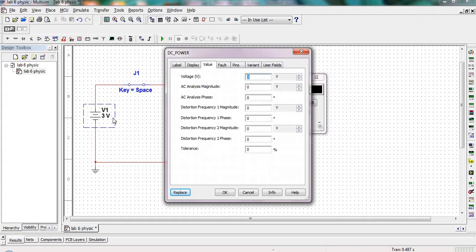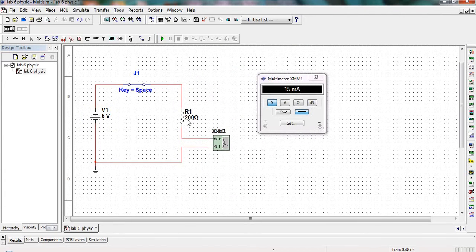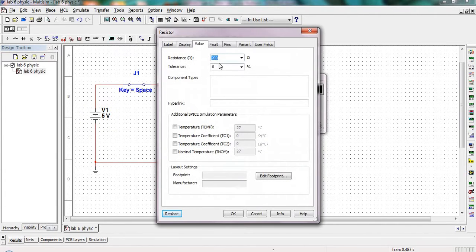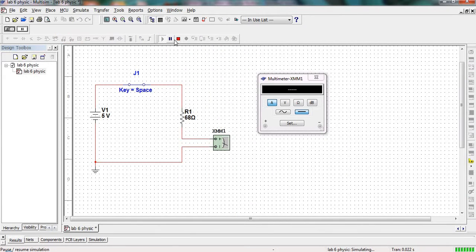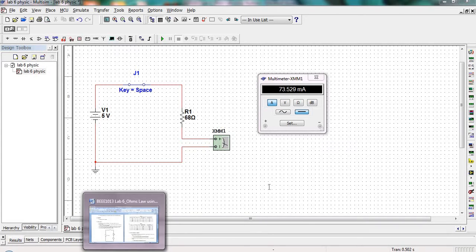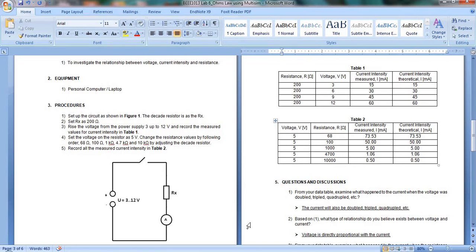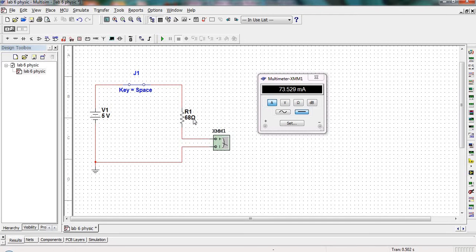First, change to 5 volt using the same circuit. First 68, we try 68 and start measuring. This is the value 73.529 milliampere, and record here.